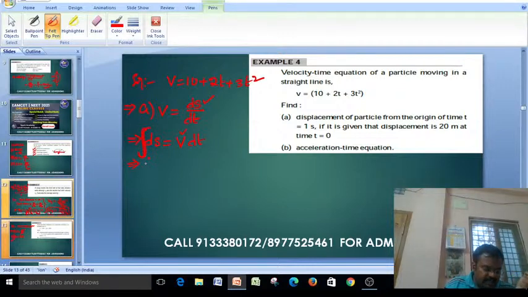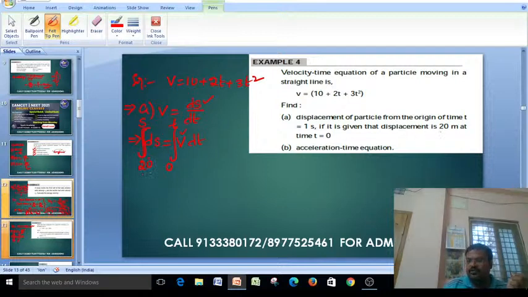What about the limits in this case? The lower limit is 20 and the upper limit is s, based on the given content. From the right side, I want to do the integration from 0 to t. So at time t equal to 0, it is the lower limit.